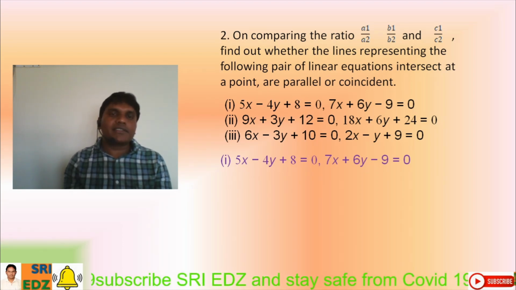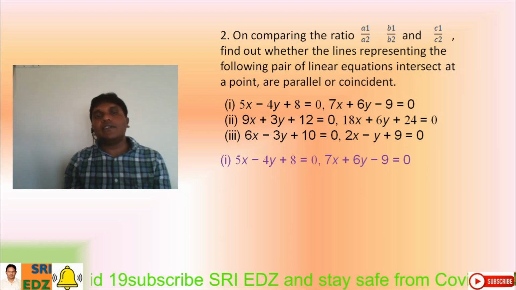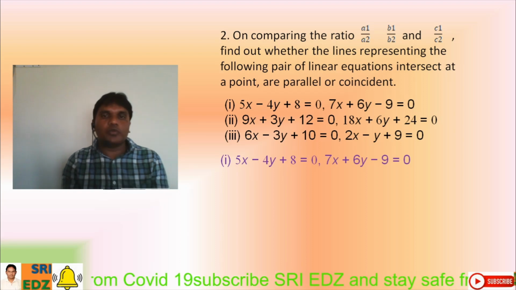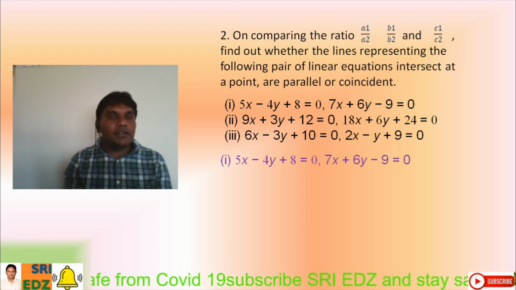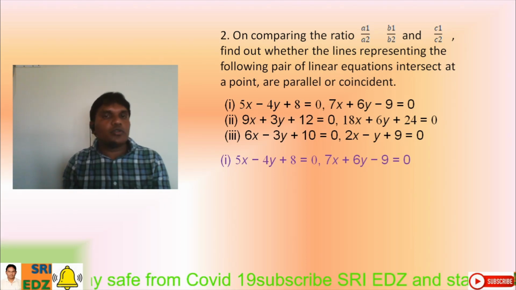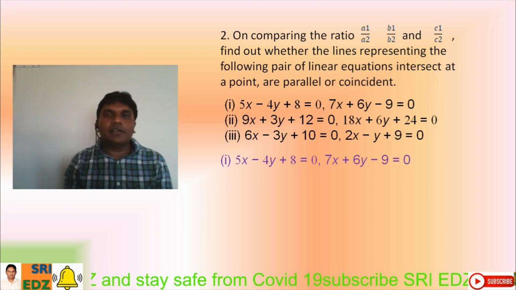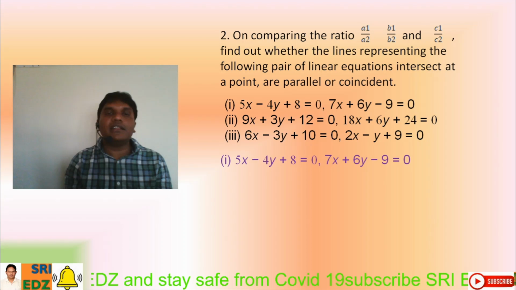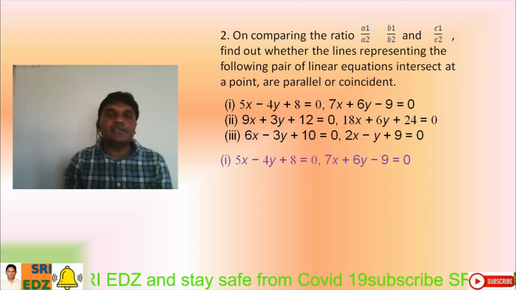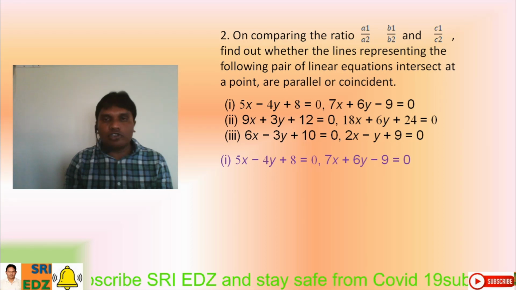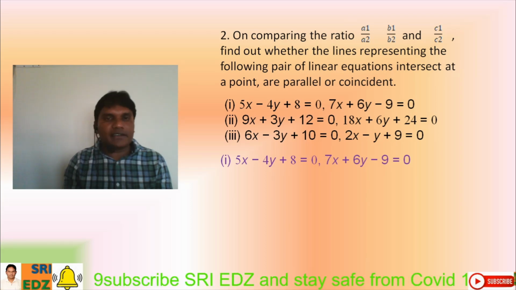Already we have discussed this in our first video, the concept of a pair of linear equations. When a1 by a2 is not equal to b1 by b2, then immediately we can say that those lines are intersecting at one point. That means the solution is a unique solution, and they are intersecting, and that is consistent.